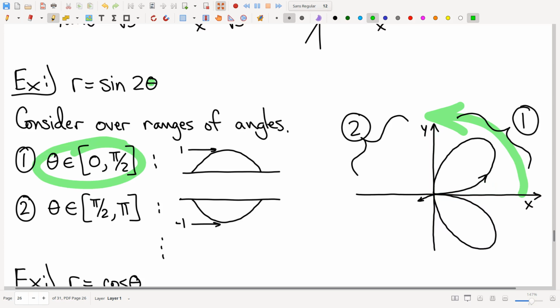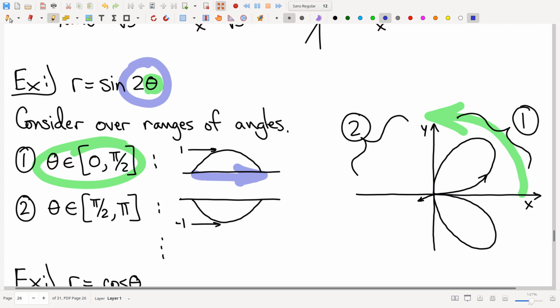Keeping in mind that is the range of values of theta. Further notice, theta is not what I'm taking the sine of. What I'm taking the sine of is 2 theta. That means the argument doesn't go from 0 to pi over 2. The argument of sine goes from 0 to pi.